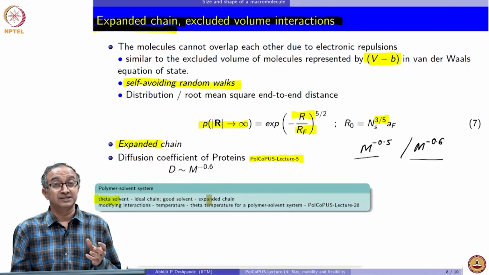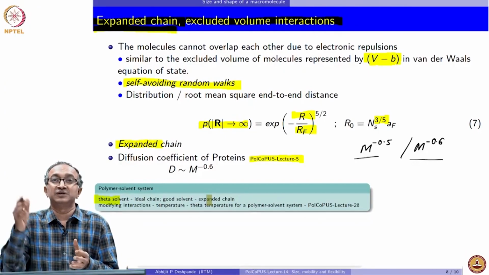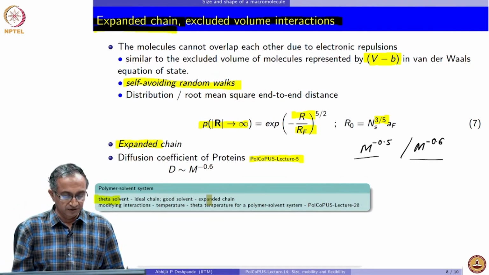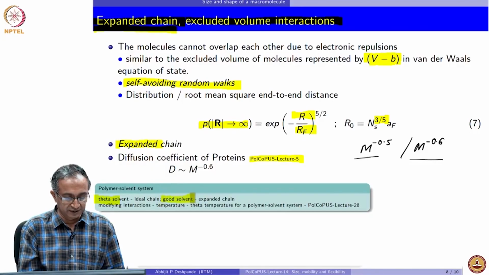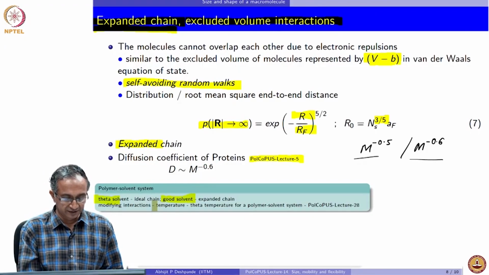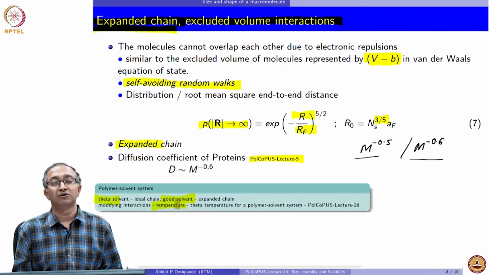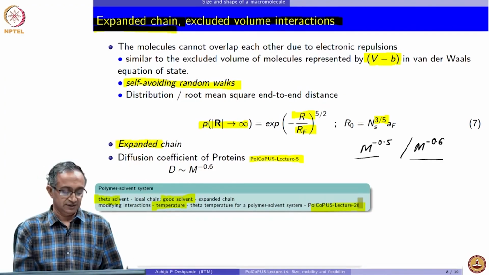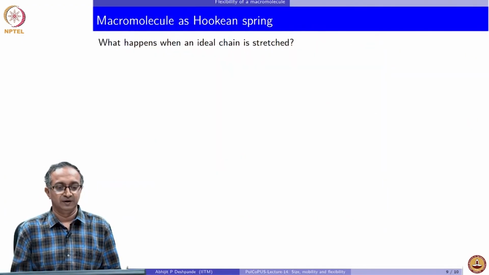This can be done by changing either the polymer and solvent system, or for a given polymer solvent system, by changing the temperature, we can manipulate the interactions. So we can have a theta solvent or a good solvent. And in a future lecture, we will take a closer look at some of these ideas.